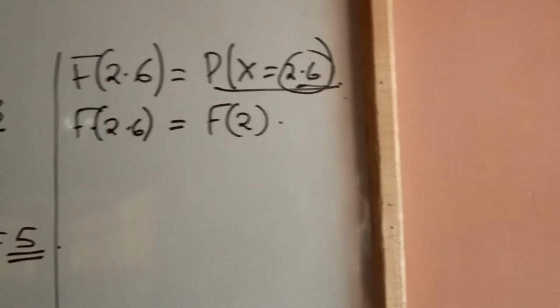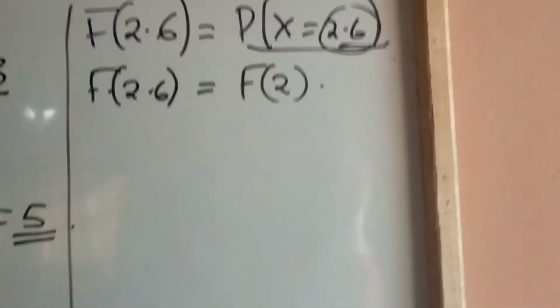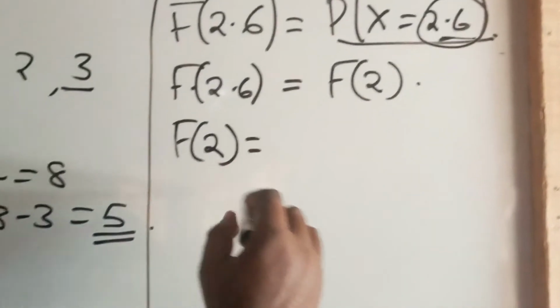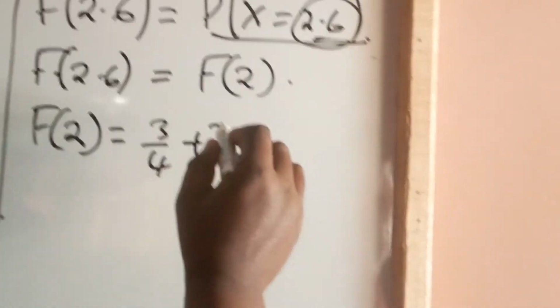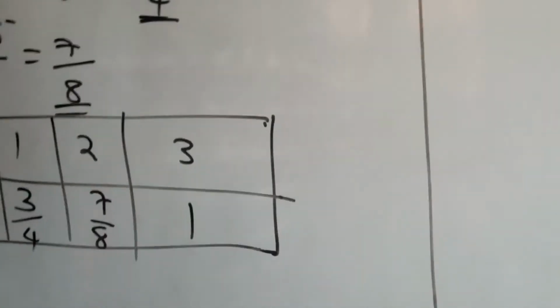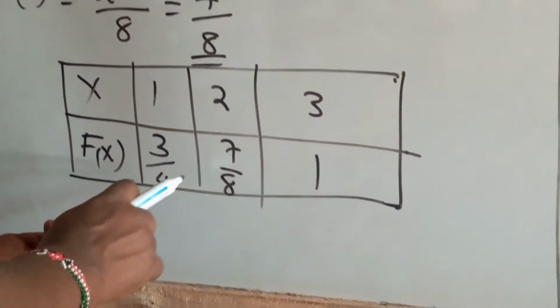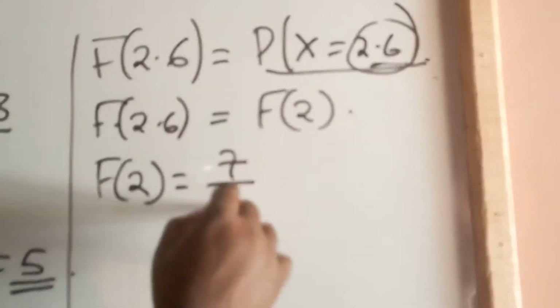X is discrete, and therefore F(2), from the table of the distribution function that is already here, is obviously 7/8.